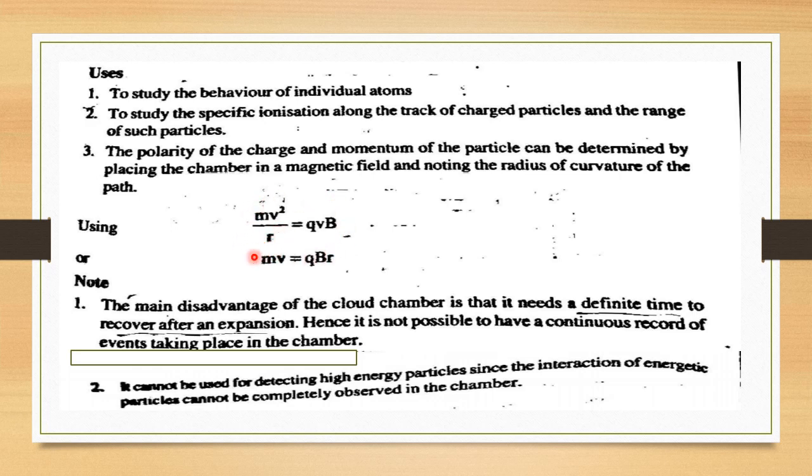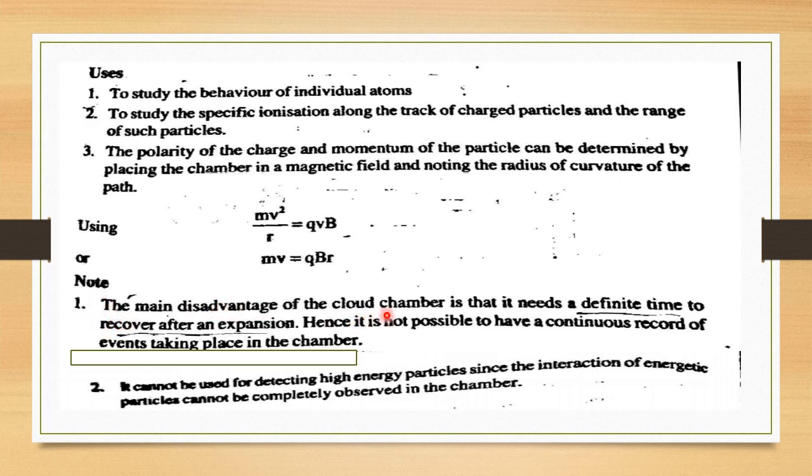When we equate these, one of the v is cancelled, and we get the momentum mv = qBr. The direction of the movement gives you the polarity, and the momentum is equal to qBr. Okay. Now what are the disadvantages?